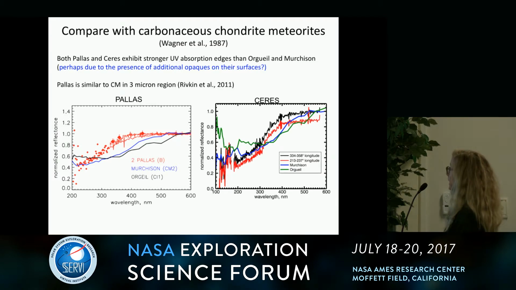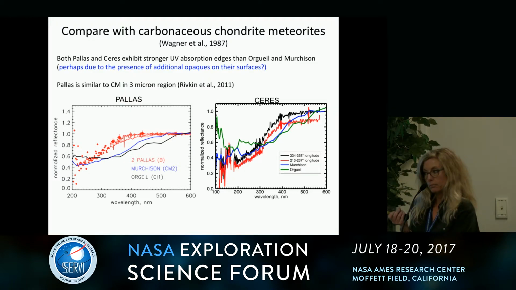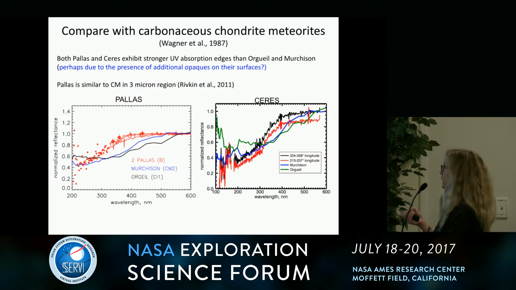And here's Ceres, and Ceres is the one asteroid for which we do have HST STIS data in the low-albedo class. Ceres is in black and red here compared to Murchison and Orgueil, and you can see that the UV drop-off on Ceres is much stronger and at a shorter wavelength than the meteorites.